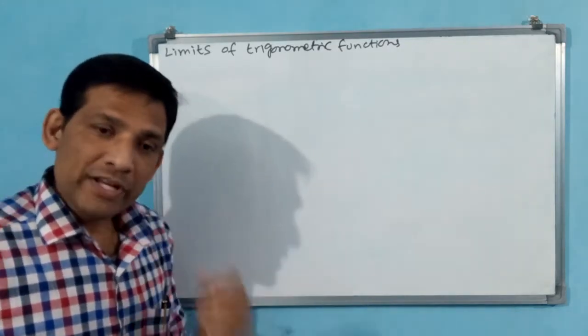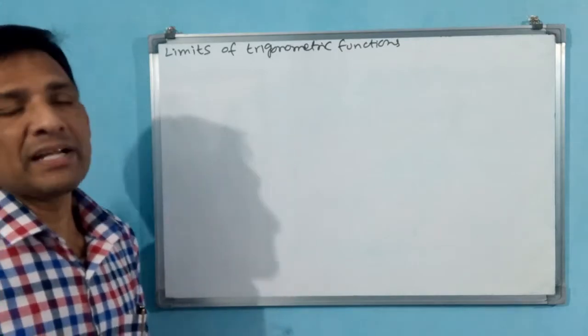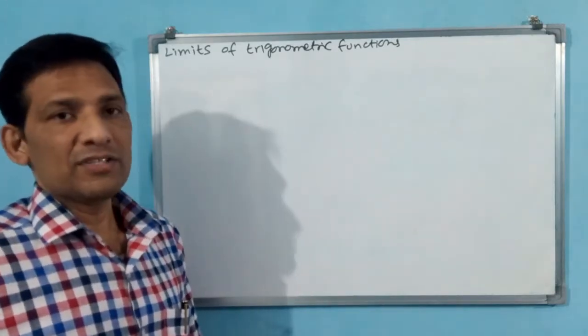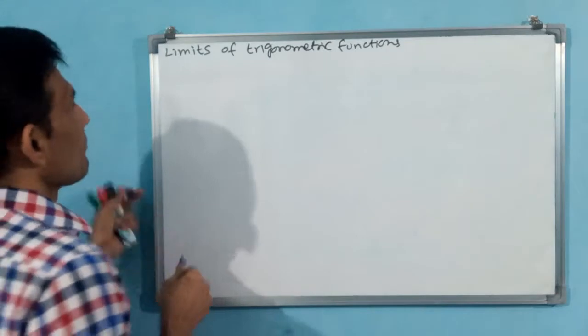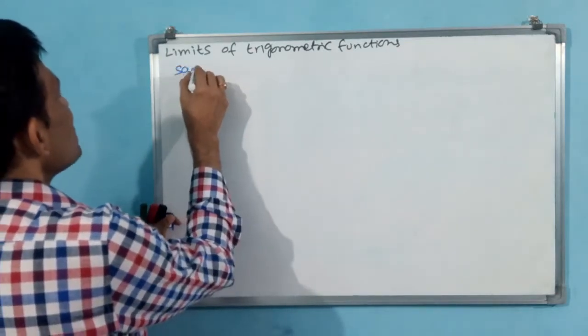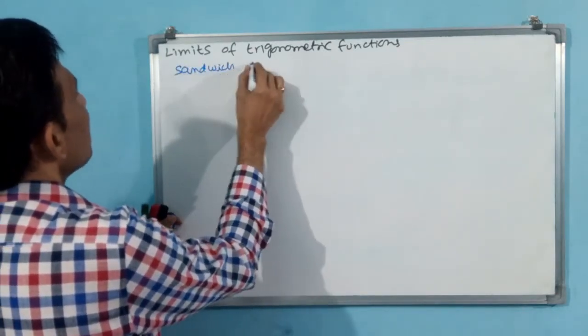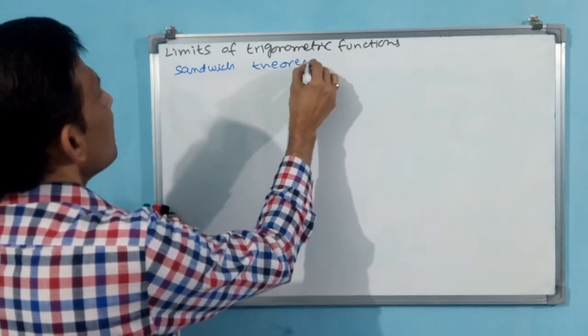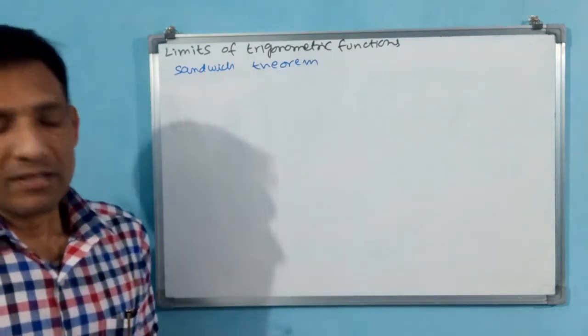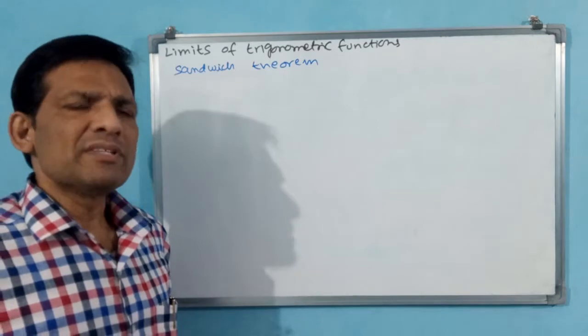But before deriving that, one basic fundamental theorem is there. That is called the sandwich theorem. Let us understand what is sandwich. Normally sandwich means something to eat between two breads.